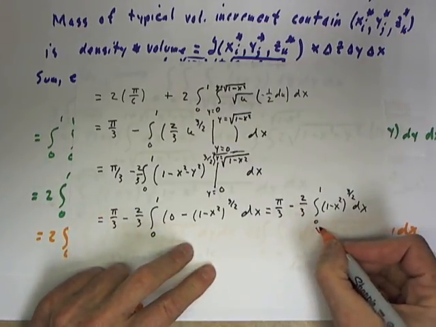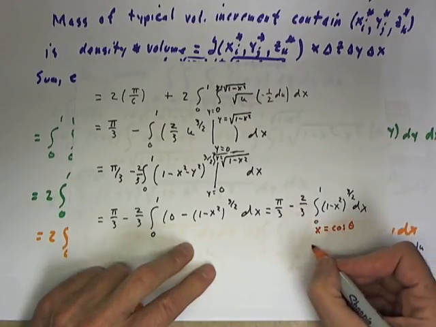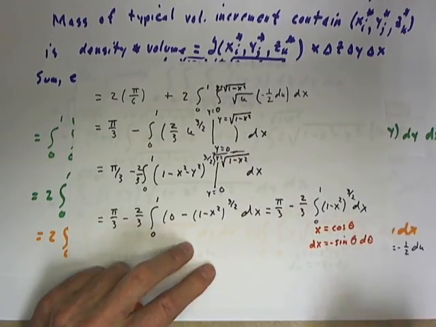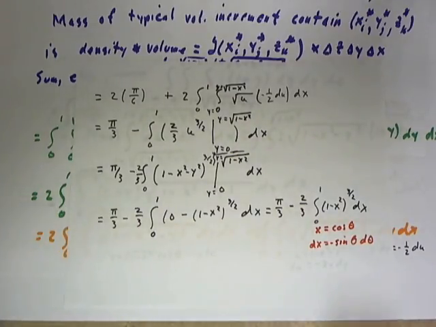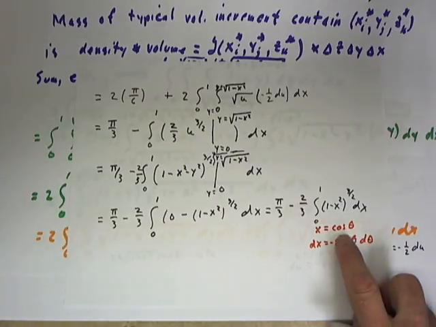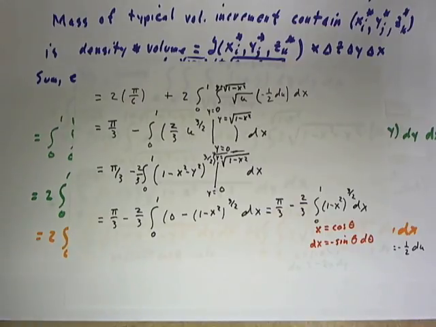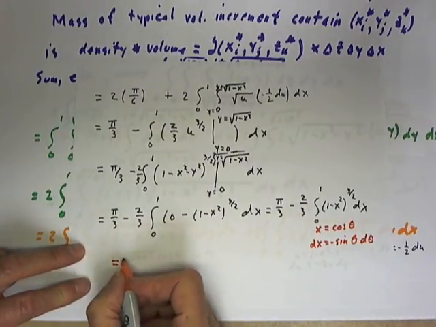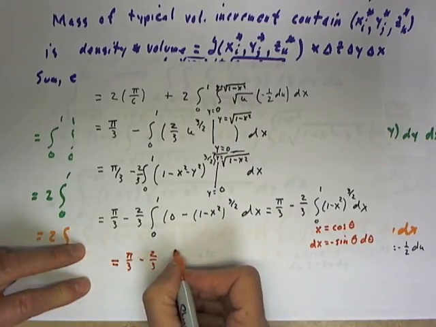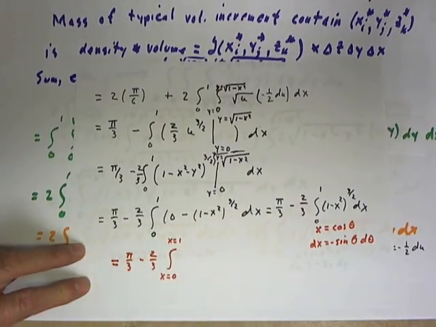We're going to let x equal cosine theta, so that dx is negative sine theta d theta, and this integral is going to become the integral of 1 minus cosine squared theta to the 3/2. Now, 1 minus cosine squared theta is just sine squared theta. So our integral becomes pi over 3 minus 2/3 the integral, that's from x equals 0 to x equals 1.